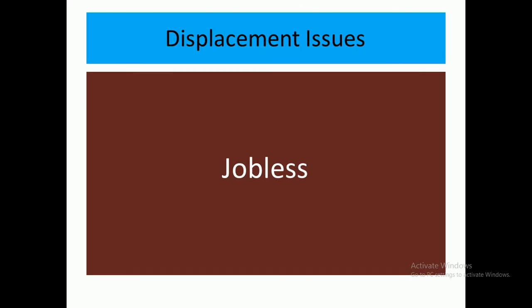For example, if a group of tribal people are dislocated from a particular place to some semi-urban area, what happens? They cannot do any work equivalent to the work that is done by the urban people. So automatically they become jobless. They know only the collection of firewood, or they may know only hunting.